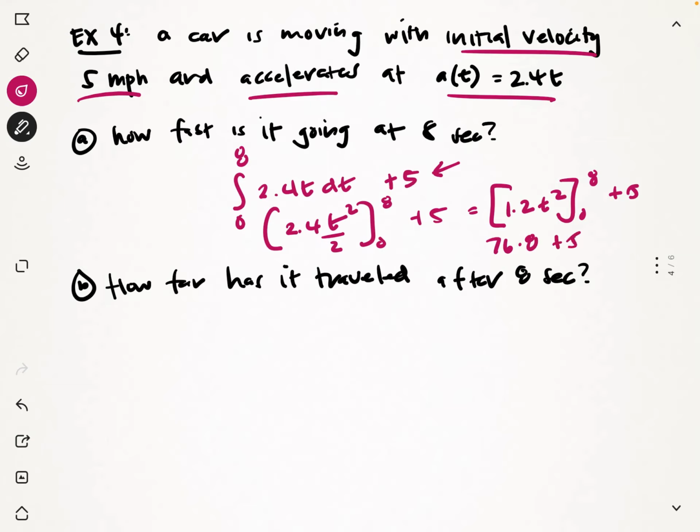So we're going to add our 5, and we get 81.8. 81.8, and that would be miles per hour, which is super fast. Well, more fast than you should probably be driving.